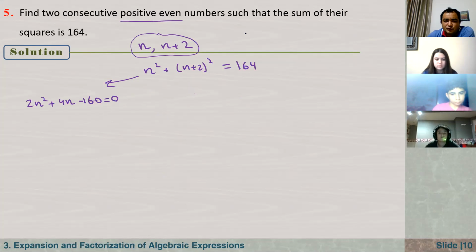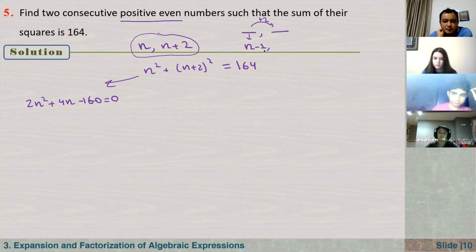But let's say we are talking about two numbers. That is the first number and that's the second number. And we know that the difference between these two numbers is positive 2. So how about if I denote the first number by n minus 1? What will be the next number?